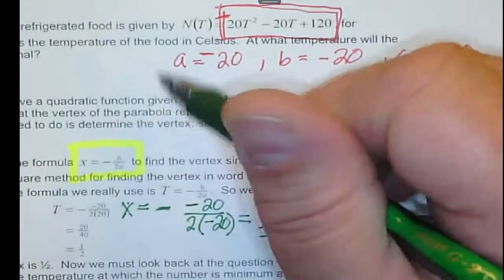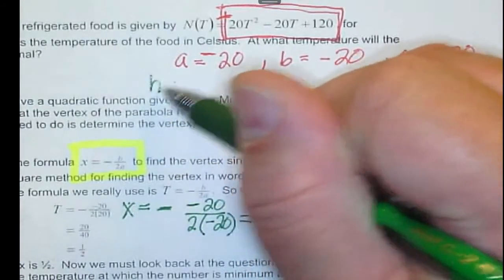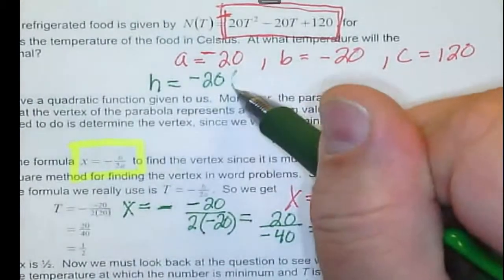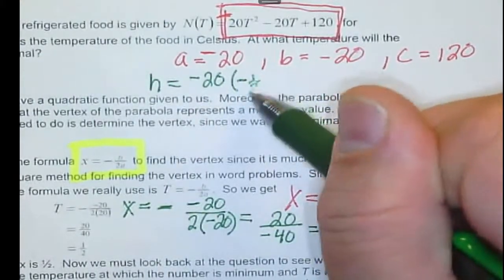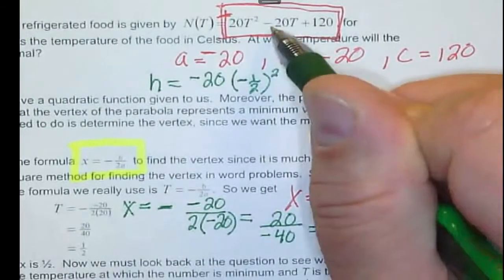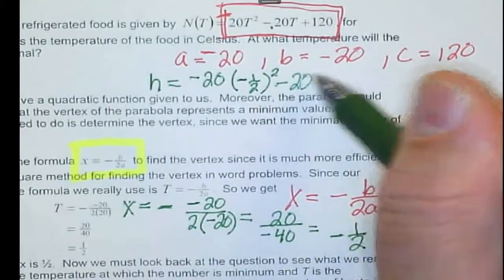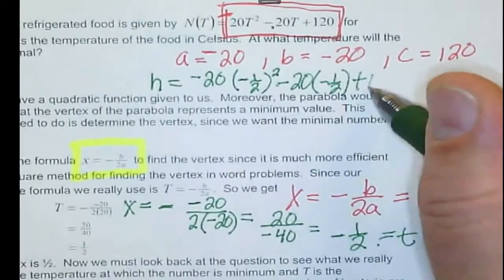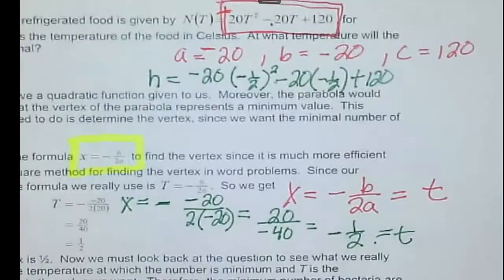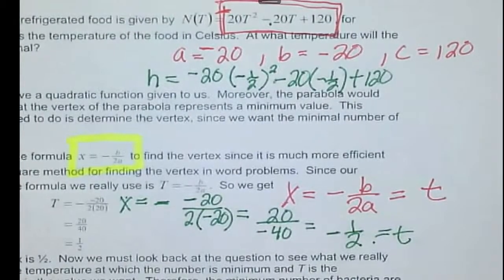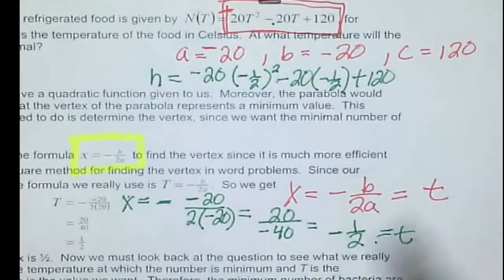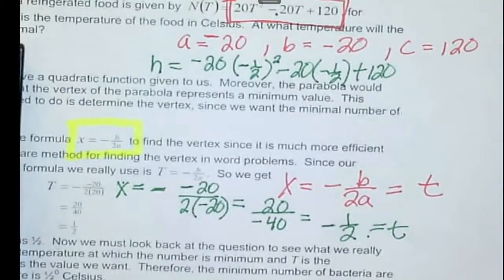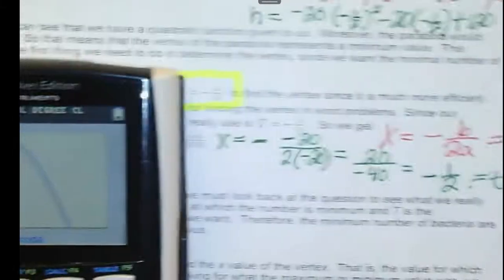I go back up here to my formula. H equals negative 20. Again, what's my t? Negative 1/2 squared minus 20t, which is negative 1/2, plus 120. Plug all that into your calculators. You can use 0.5 for 1/2, because I don't like typing in fractions in my calculator.